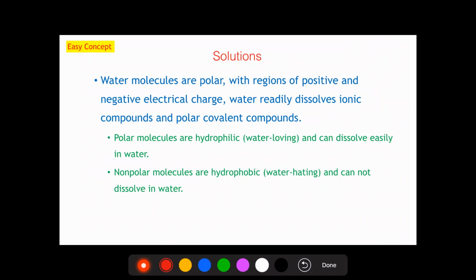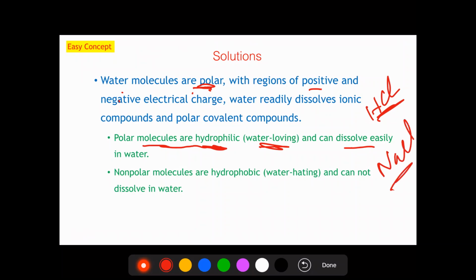Now, because the nature of water is polar, as we saw with the regions of positive and negative electrical charges, molecules could like water or dislike water. Polar molecules are usually hydrophilic, meaning they like water and can dissolve easily in it, like HCl. HCl can dissolve easily in water.